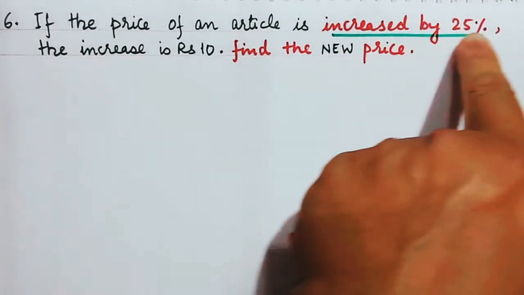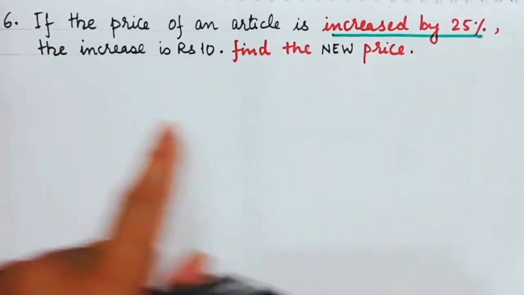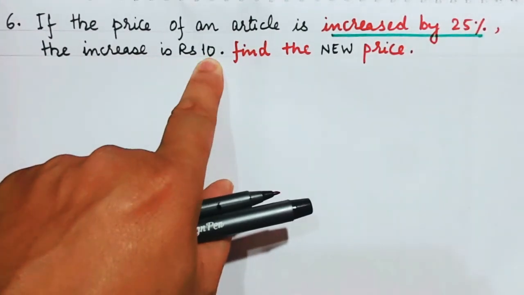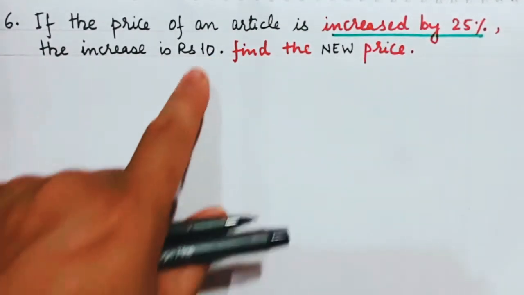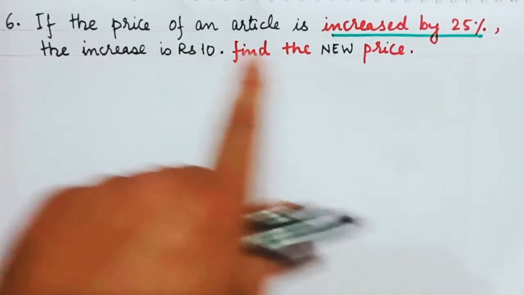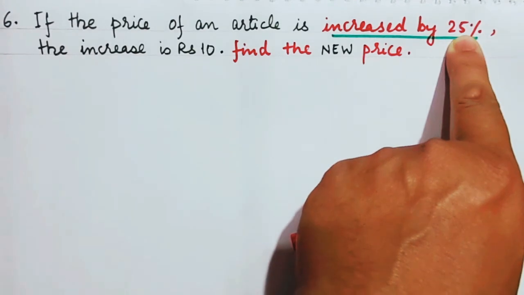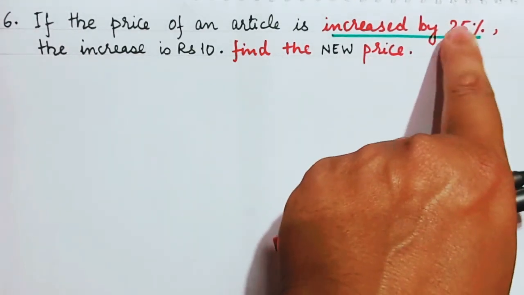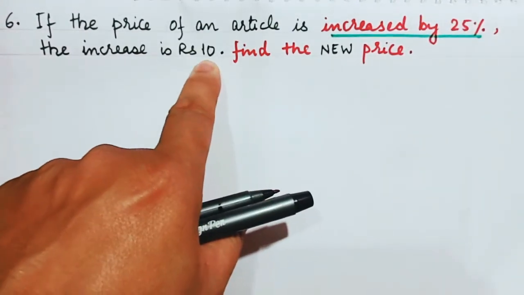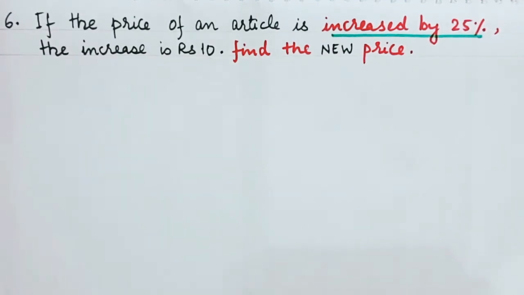When it is increased by 25%, the increase is rupees 10. Okay, means here they are saying that this 25% of the price of the article is equal to rupees 10. Okay, so let the price of the article be X.